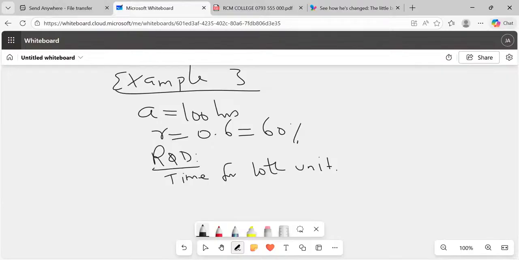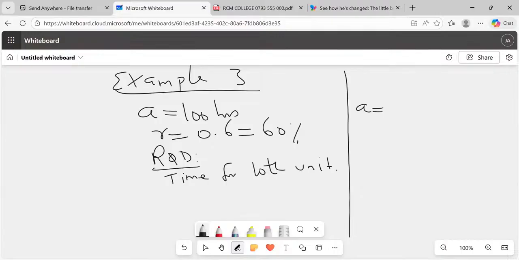So time for the 10th unit. So what do we have here? Remember, the first thing you must get is the learning curve parameters. So we have our A, and our A has been given. What does this A stand for?